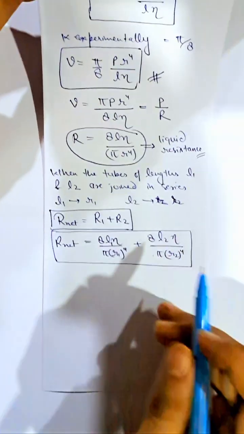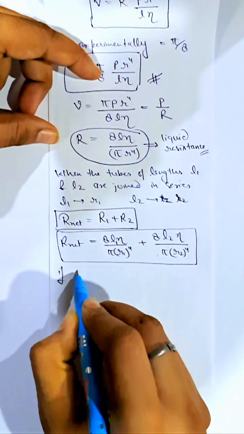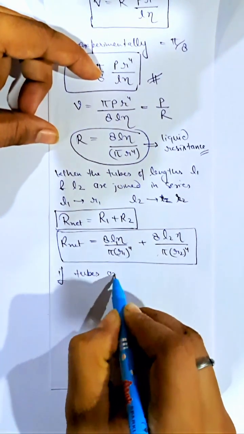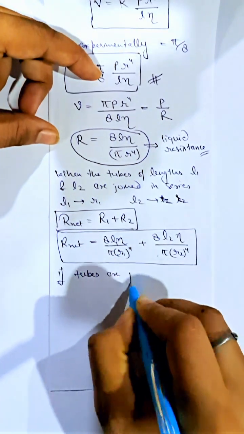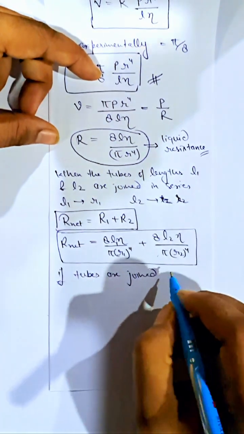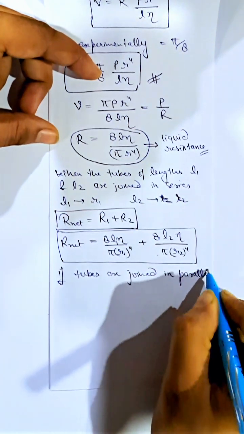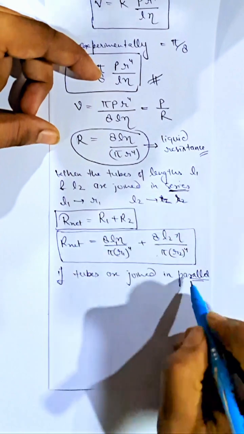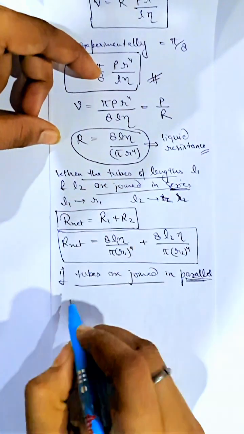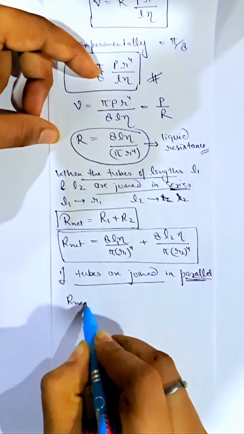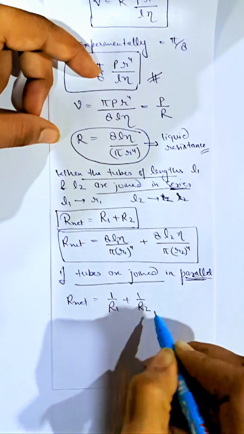And if the tubes are, let us say, joined in parallel, so this was in series, this was in parallel, so R net, same principle as in the case of electrical resistance.